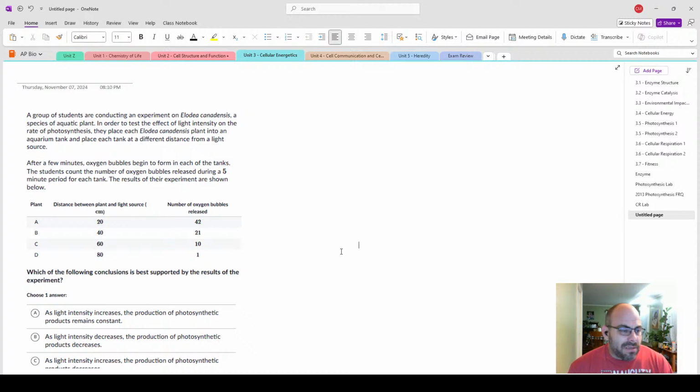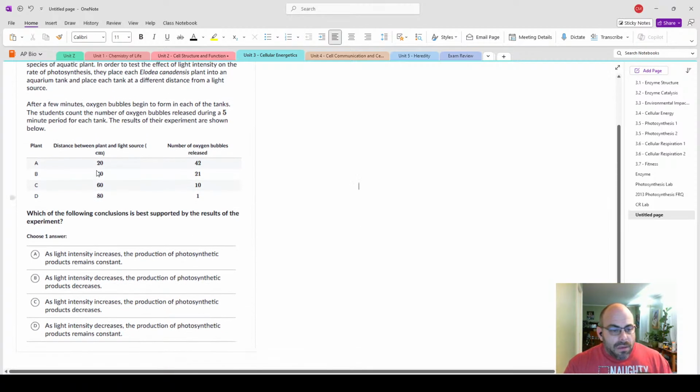It's almost as if we did this exact same lab. After a few minutes, oxygen bubbles begin to form in each of the tanks. Students count the number of oxygen bubbles released during a 5-minute period from each tank. The results of their experiment are shown below. I think I'm going to do this experiment with the honors class too. I don't want to do the little round discs anymore.